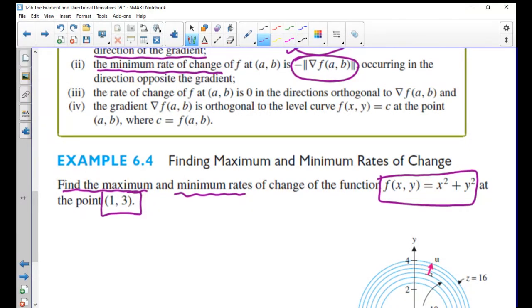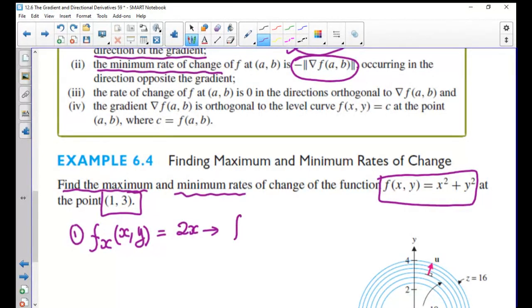So let's find this. I want to find the maximum rate of change. That means I need to find the gradient. So find fx. What is fx? What's the derivative of this function with respect to x? 2x, yes.